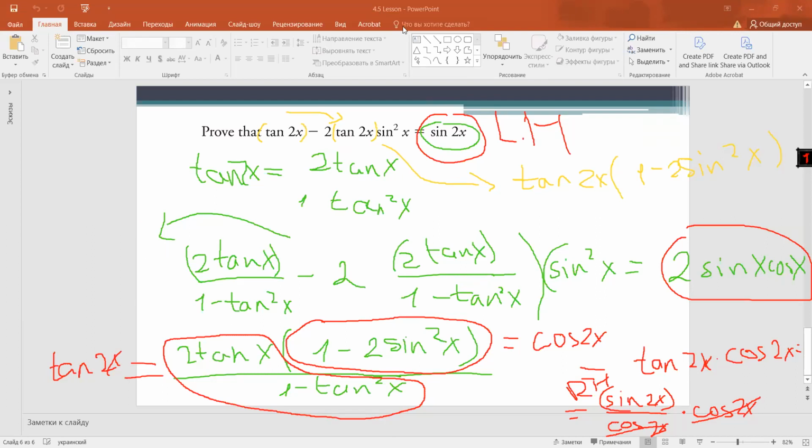Is it clear, guys, my reasoning about how we prove an identity in this scenario?